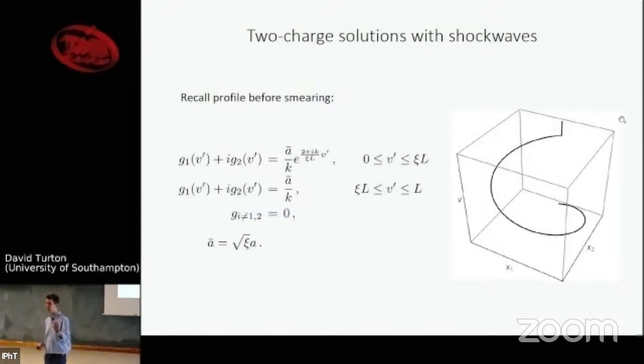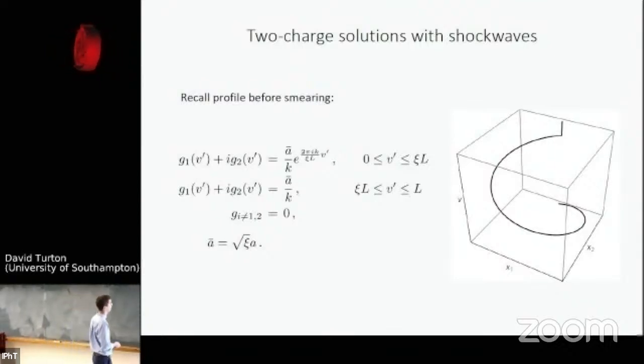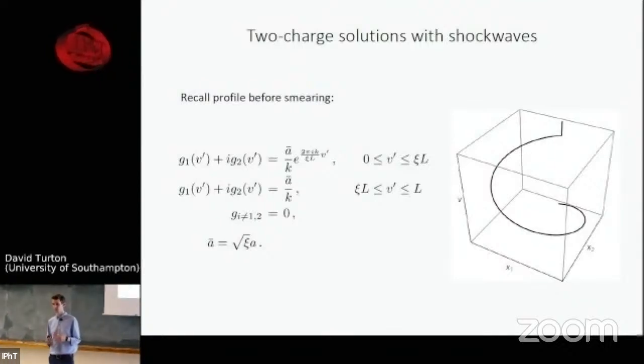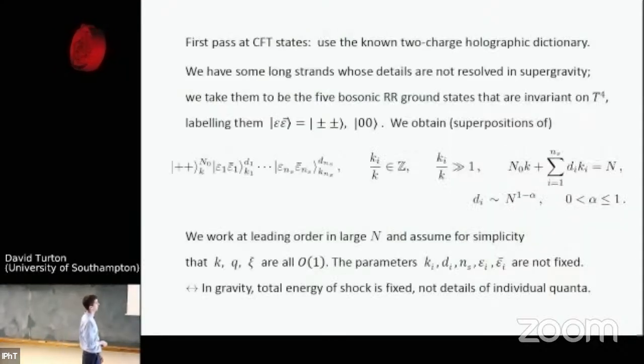For each Fourier harmonic, there's an appropriate component of twisted Ramond-Ramond ground state. We have to relax or generalize that a little bit to be able to describe a family of CFT states which are compatible with this straight line segment. So let's do it in a couple of passes. This is a bit of a long slide, but let me take you through the steps.